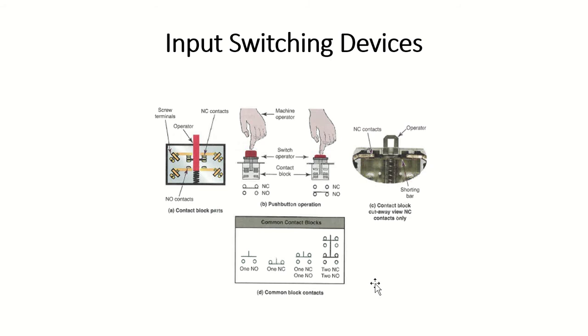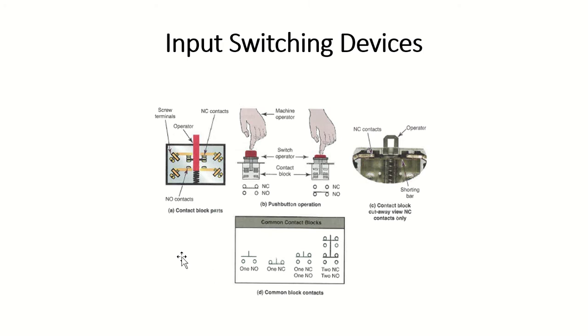I would say probably the most common you'll see is one normally open set of contacts and one normally closed set of contacts, but that's not always the case. Again, you're going to come across a whole bunch of different manufacturers that have their own type of contact block. So it goes back to having a good understanding of the number of poles and the number of throws when you're ordering those.